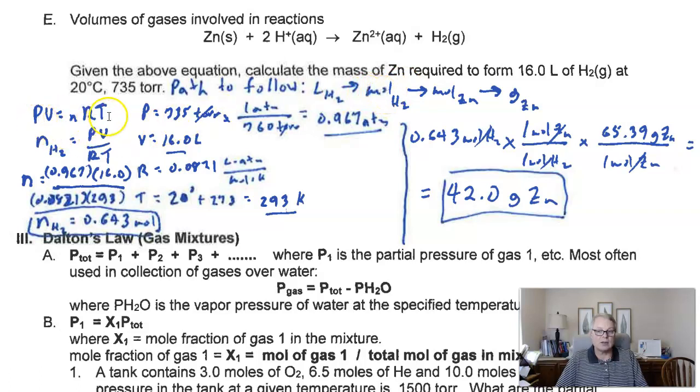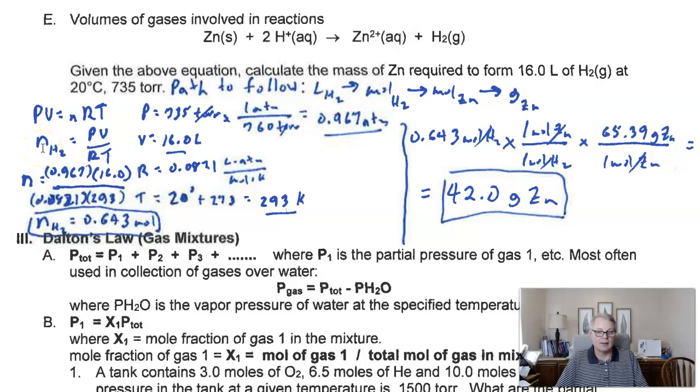Where's moles in this equation? Well, there's moles right there. So I'm going to solve this equation for moles. I'm going to divide both sides by RT, so n is equal to PV over RT. If I can find the pressure of my hydrogen, the volume of my hydrogen, R and T, I can plug those in, and I can figure the number of moles.